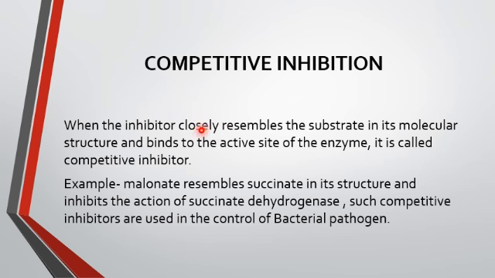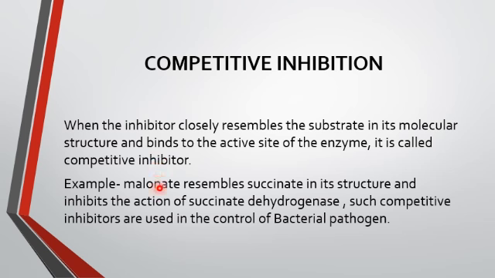So when an inhibitor closely resembles the substrate in its molecular structure, because of this close resemblance, both can bind at the same active site of the enzyme. So if instead of the substrate, the inhibitor binds to the active site of the enzyme, the action is going to be stopped, and this is called a competitive inhibitor.